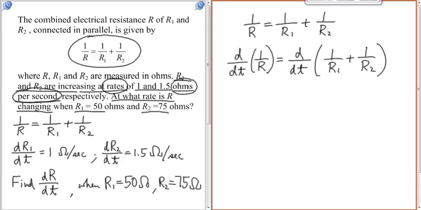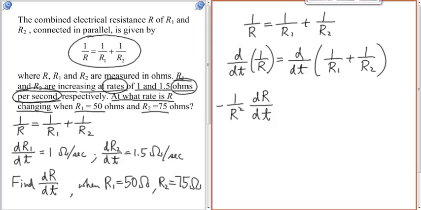So we have this, and we take the derivative of the left-hand side. We need to use implicit differentiation, so that would give us negative 1 over R squared times dR by dt.